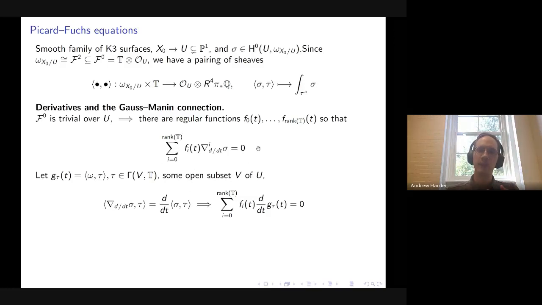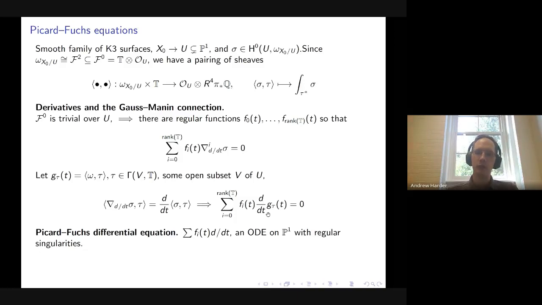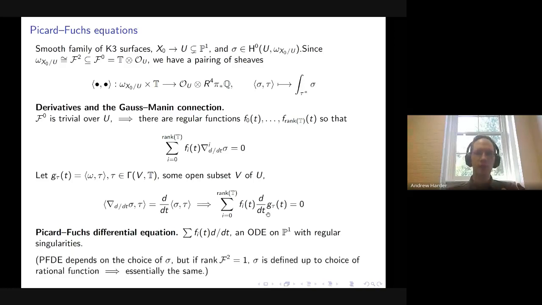Translating that into a statement about this equation, we get that the periods of this family of K3 surfaces are annihilated by this differential equation. So this is the Picard-Fuchs equation, the Picard-Fuchs ODE. It's a nice differential equation and has regular singularities. At the bottom here is just a remark that this depends on my choice of sigma, but for our purposes, choosing a different sigma won't change the result.